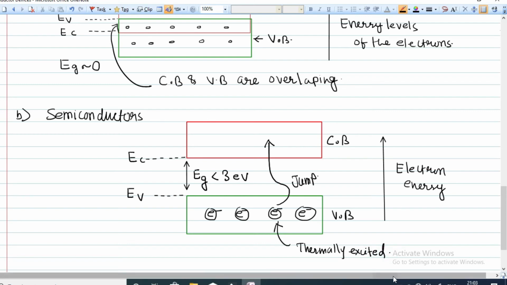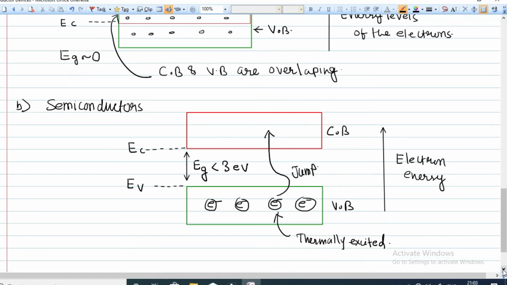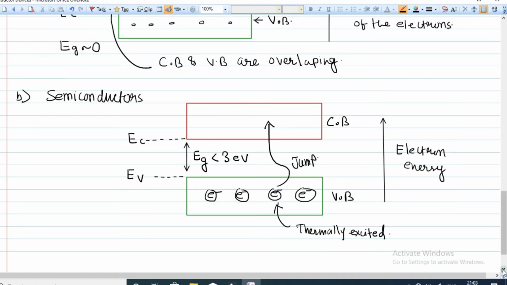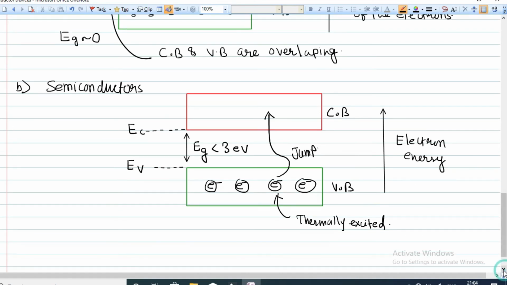At room temperature, generally there is no electron present in the conduction band, but if we are able to supply thermal energy, the electrons may be excited from the valence band to the conduction band, and the semiconductor will start conducting. So this is all about the energy band diagram of the semiconductors.